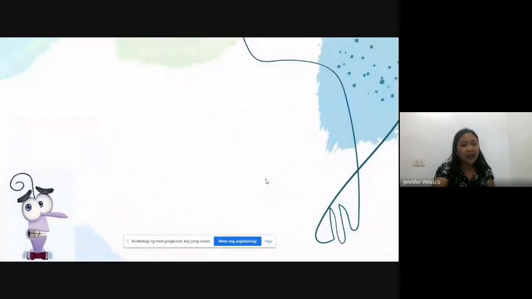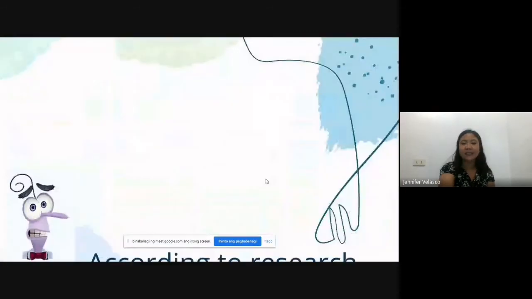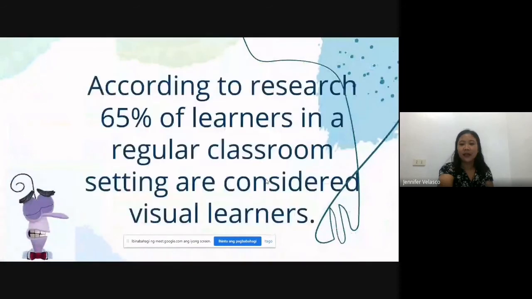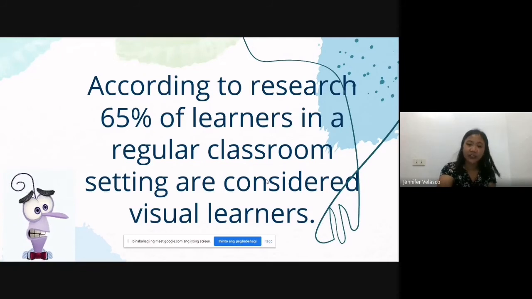Okay. Speaking of collaborative learning and cooperative learning, I just would like to tell you this. This is just one of the honest truths or facts. According to research, 65% of learners in a regular classroom setting are visual learners, the learners that are more interested or motivated to learn when they see objects, graphical information, and many more, or videos.